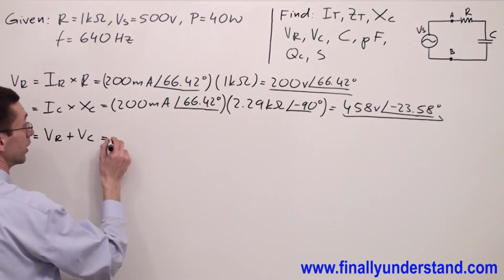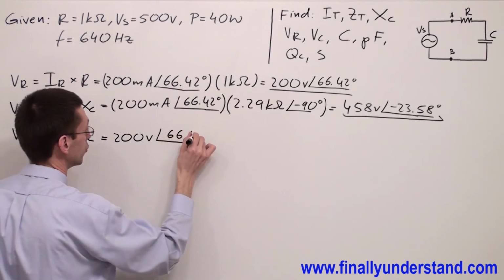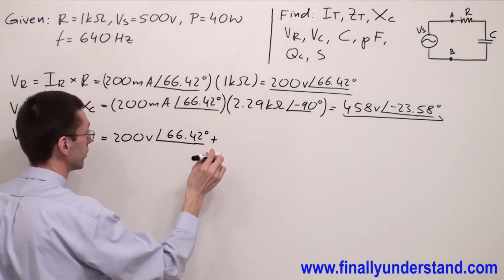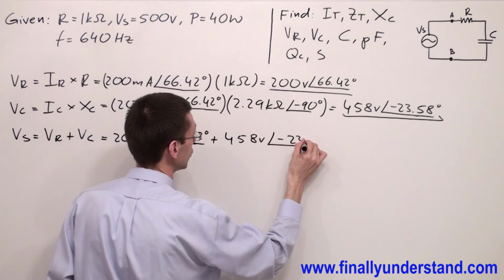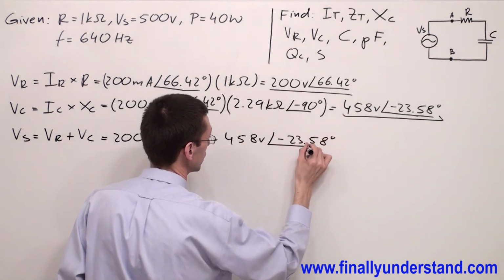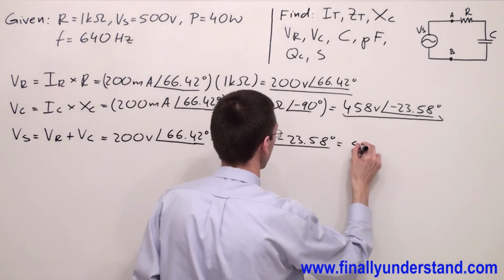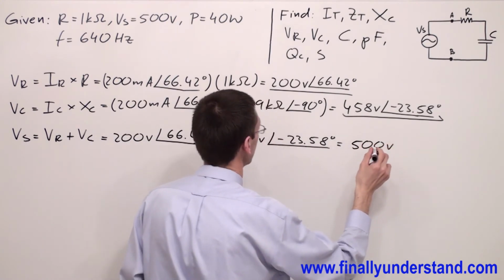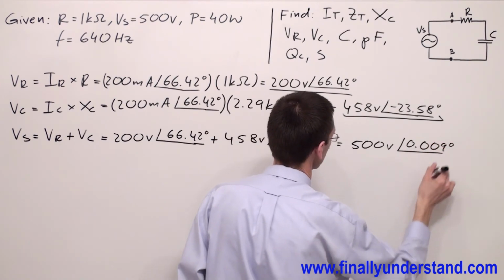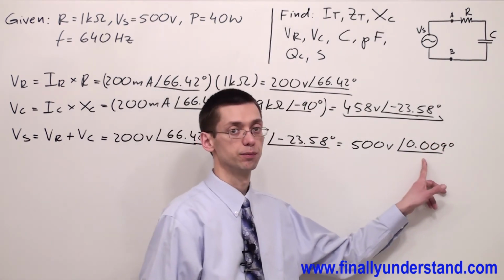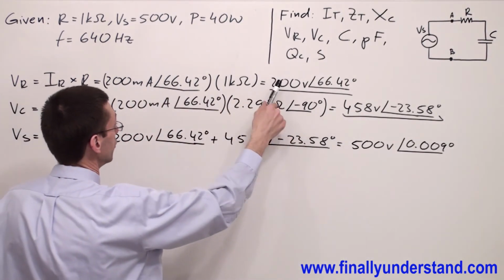So I'm going to have 200 volts and angle of 66.42 degrees plus 458 volts and angle of negative 23.58 degrees. If you add these two values, you're supposed to obtain 500 volts and angle of 0.009 degrees, which I consider as 0 degrees. Okay, so we can say that these two values are correct.